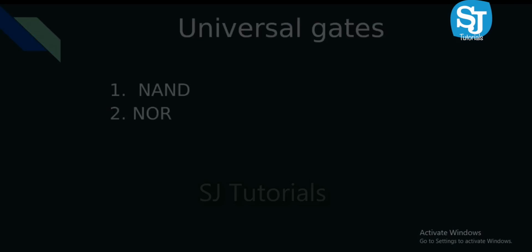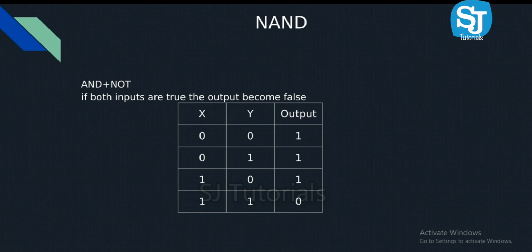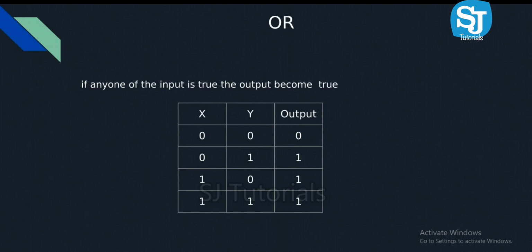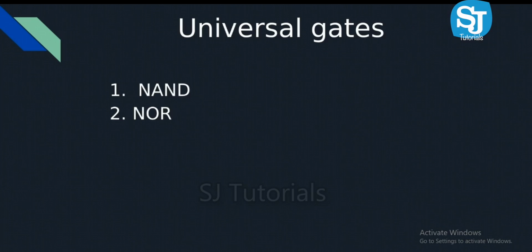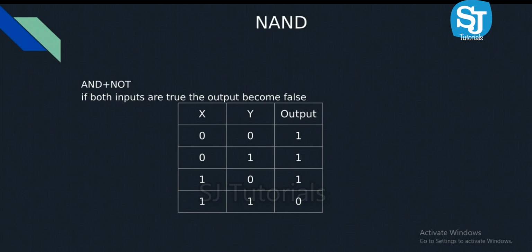What is a NAND gate? NAND means AND plus NOT. The truth table is here. The NAND gate has the same inputs X and Y. The output is just the opposite of the AND gate, because AND plus NOT is called a NAND gate.